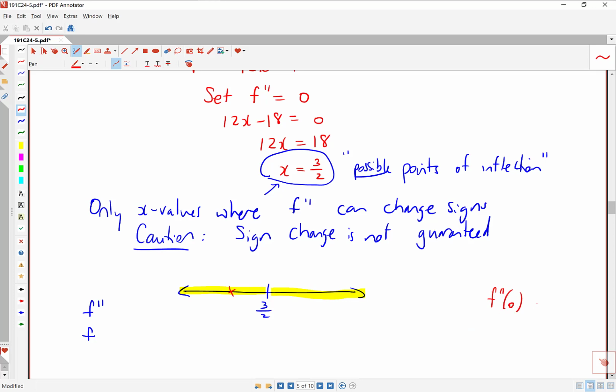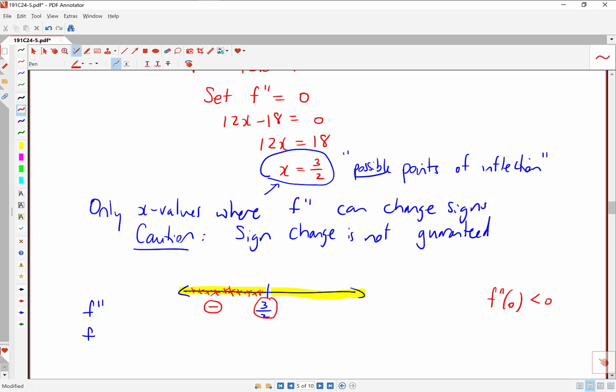So f double prime of 0 is going to be a negative number. So I'm going to write a negative sign here. And what that tells us is that no matter what x value we had chosen along here, guaranteed we would get f double prime equal to a negative number. Why? Because 3/2 is the only place where f double prime can potentially move from negative to positive.